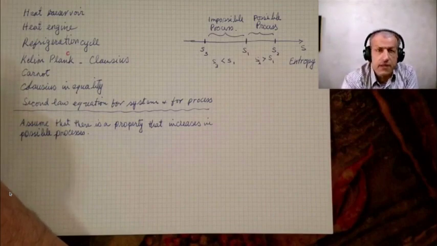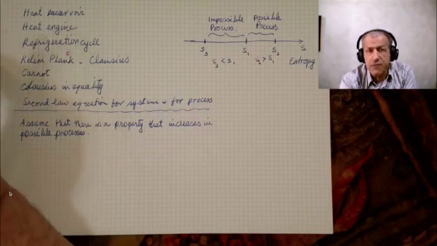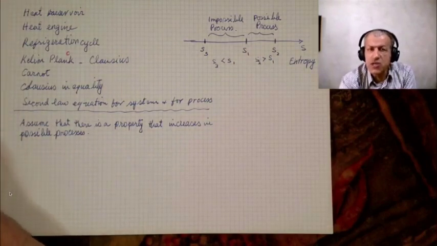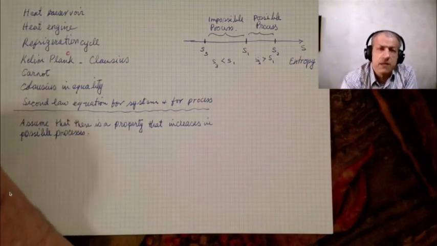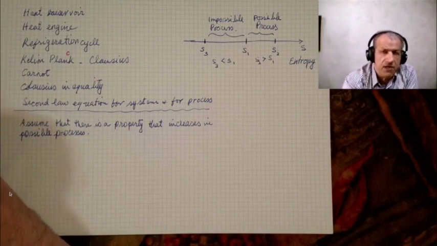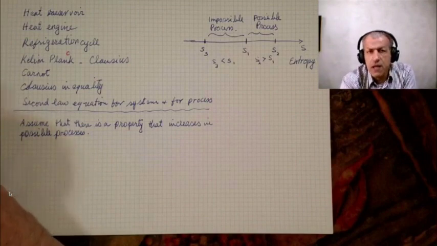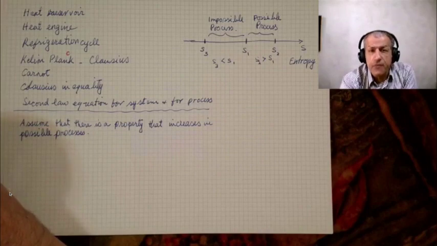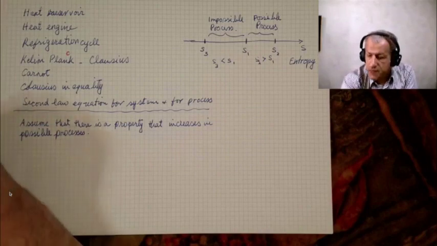Note that we are not claiming that entropy would only increase or decrease with the possibility of a process. No, that's not the case. Other things could change entropy as well. We shall discuss it later on. But we define entropy as a property, however fictitious, however unreal, that would increase if a process is possible.